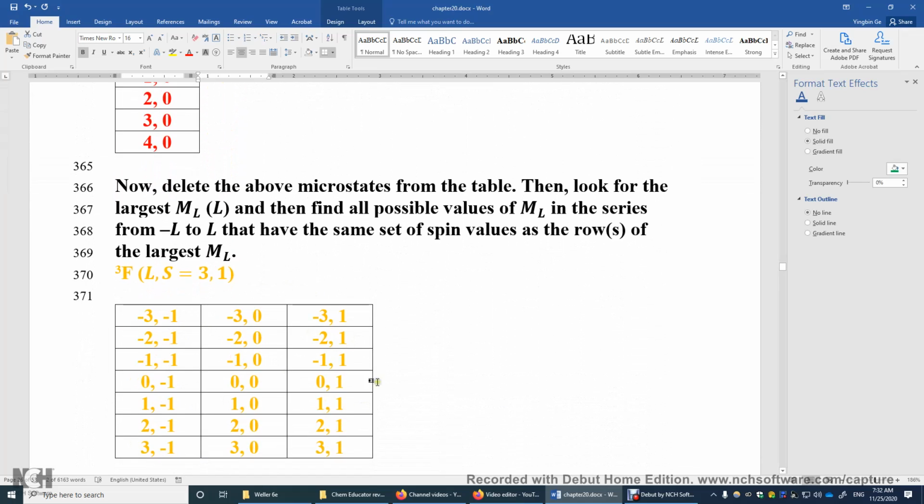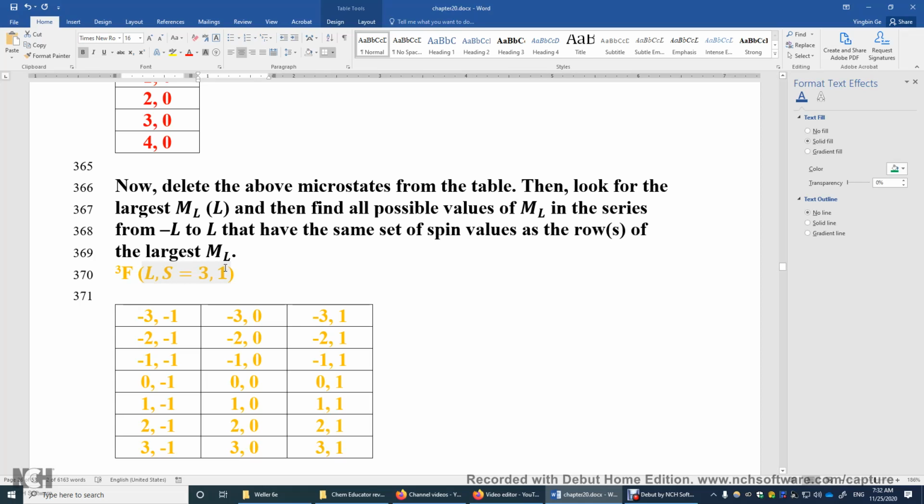And then because m sub L can be from negative 3 all the way to 3, then L has to be 3. m sub S can be from negative 1 to 0 to 1, that means S has to be 1. So now we have this atomic term with L being 3, S being 1.